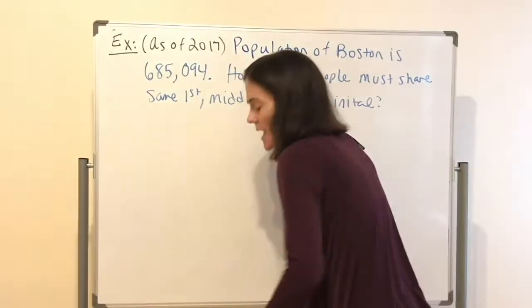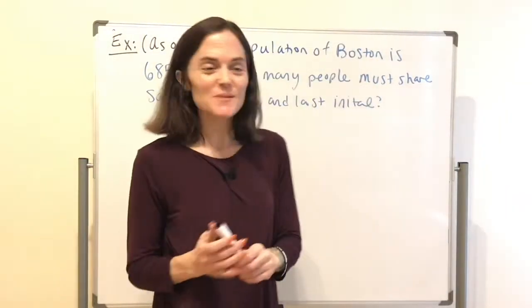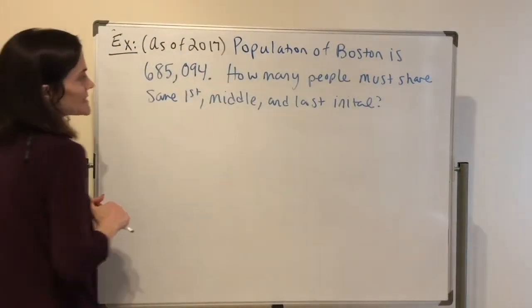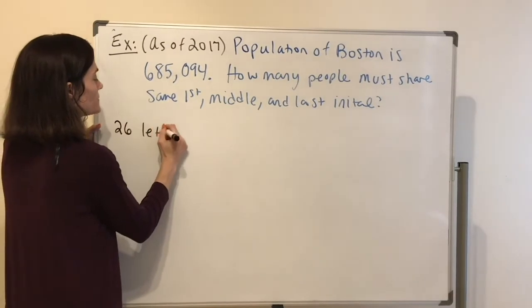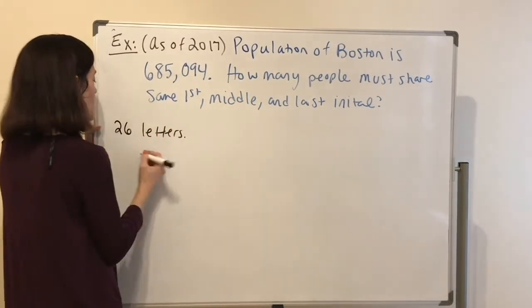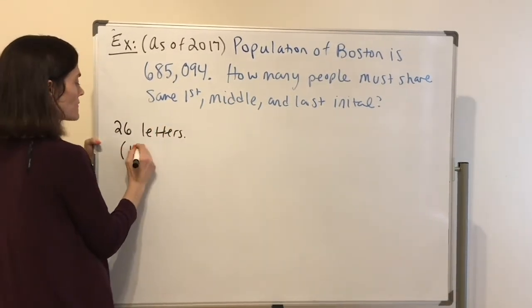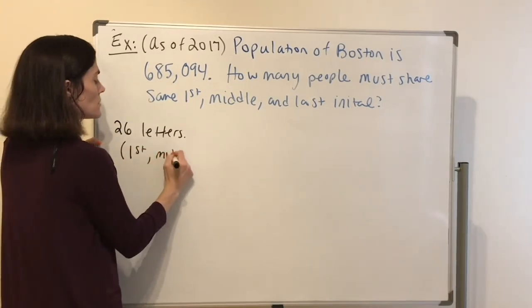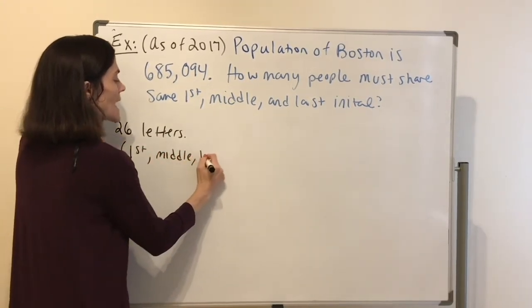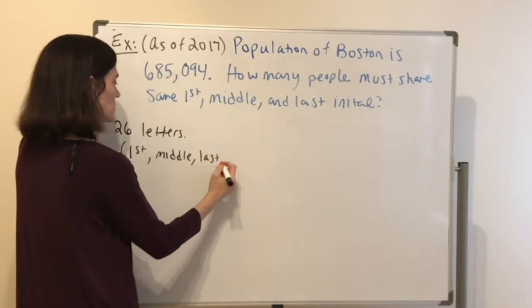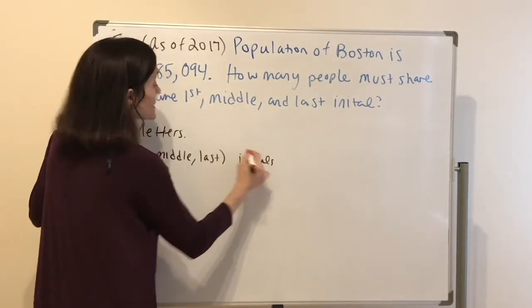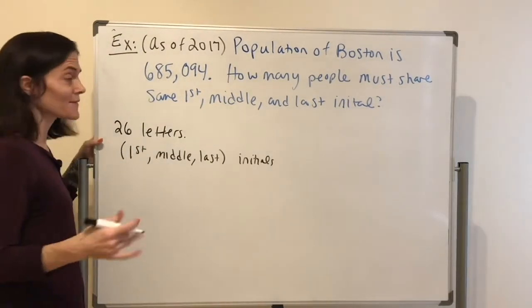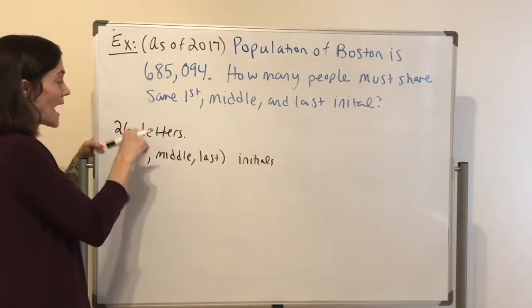This is going to be a generalized pigeonhole principle example. And let's think about this. So we have 26 letters. And we want to think about the number of first, middle, and last initials like this. This is a list of length 3 or a string of length 3 over this alphabet.